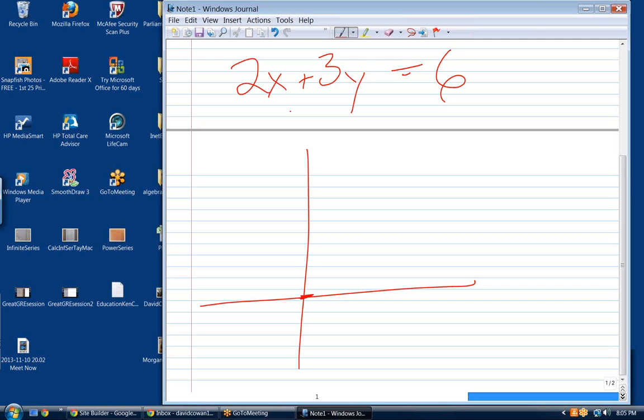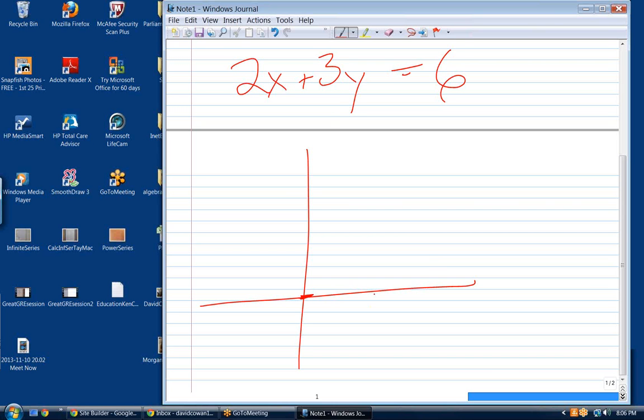Is this 2? Y is always 0 on the x-intercepts. Oh, right, yeah. And x is always 0 on the y-intercept. So figuring out the intercepts is relatively easy here. If you want the x-intercept, plug in 0 for y and solve. What do you get? Wait, so you plug in 0 for y?